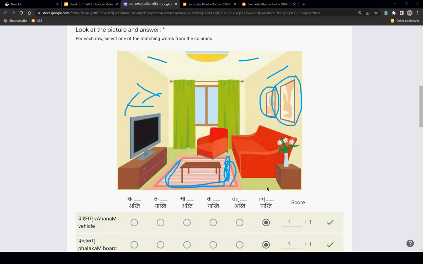And Bhutalaha, the floor. Okay. And there is a rod also here. Rod you can say Dandaha.